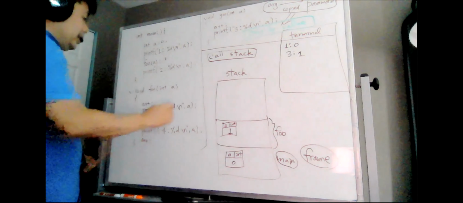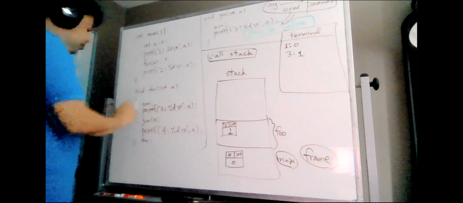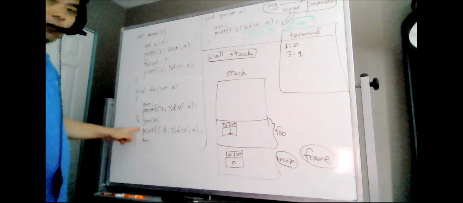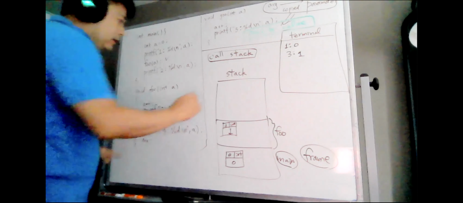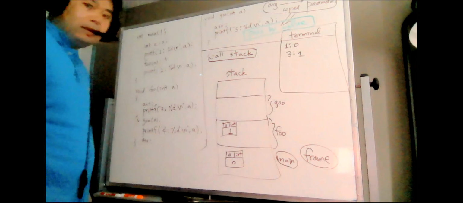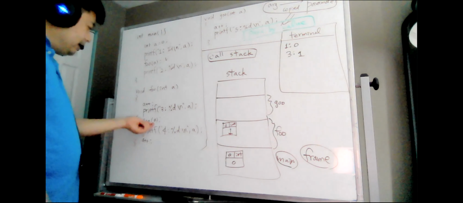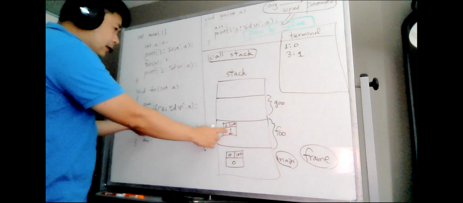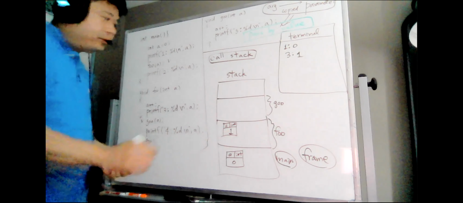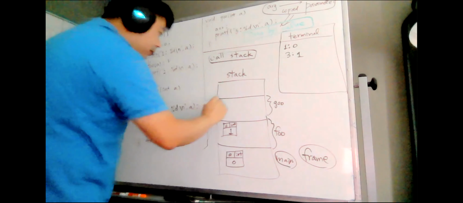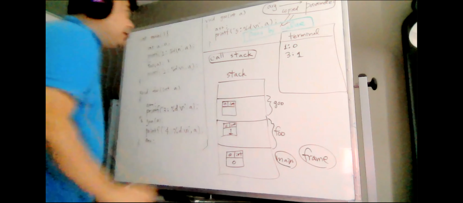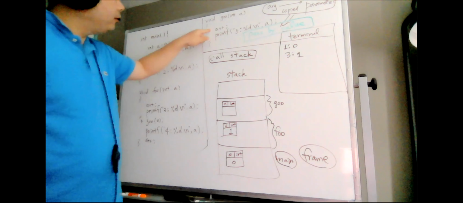So here now, goo is called, meaning a new stack frame for goo is established, right? And then the A, the argument for the function called goo, is copied into the input parameter for goo.